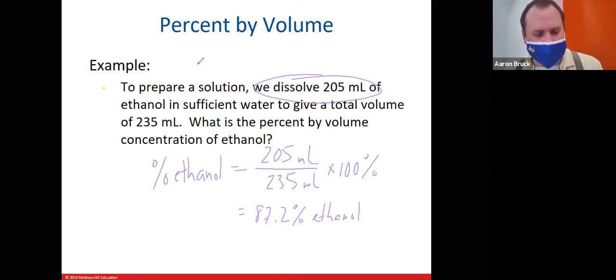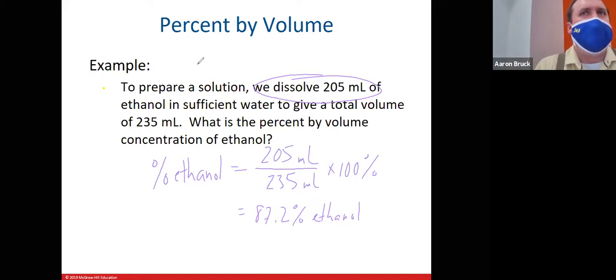Now, fun fact, ethanol and water solutions are often sold over the counter, but they're not sold by percent by volume. They're sold by proofing. So if you ever look at the proofing labels for different types of spirits, the proof number is basically just double the percent number.